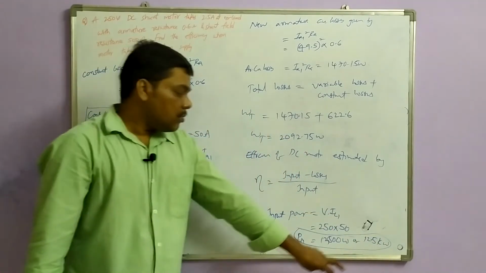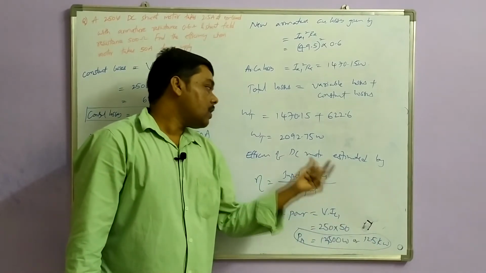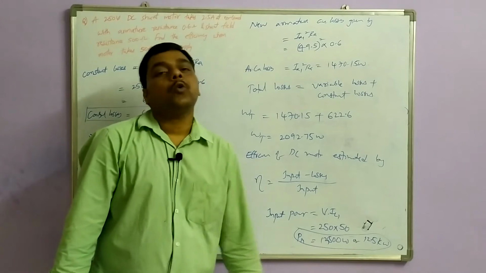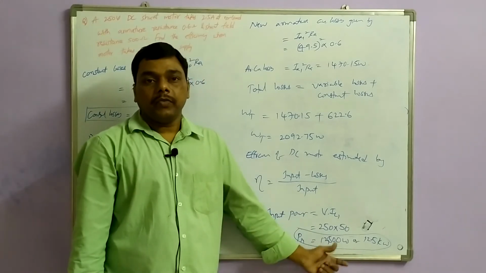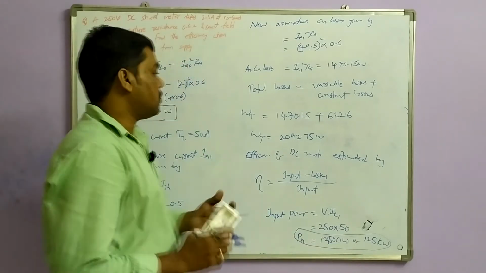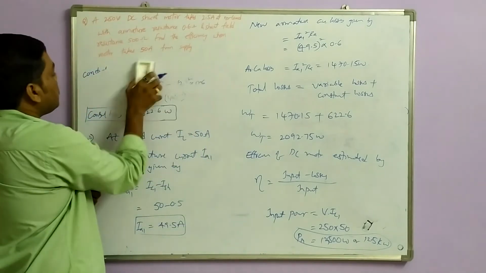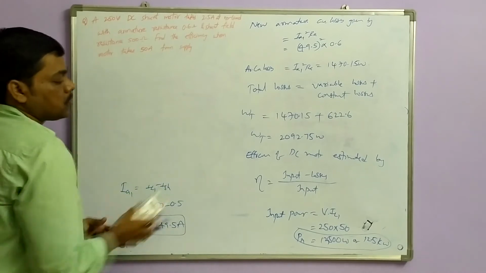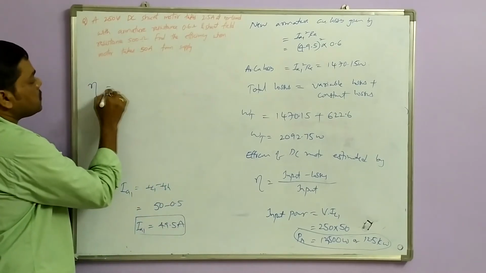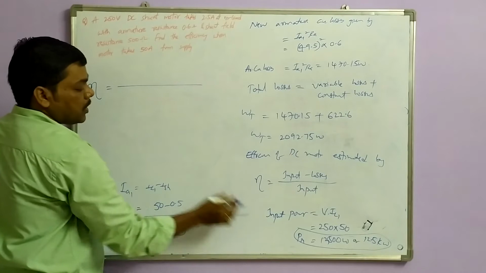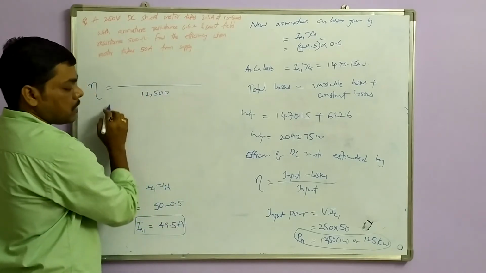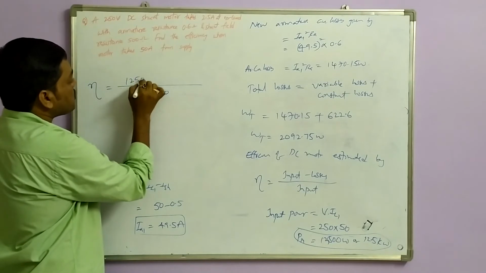Now from the 12.5 kilowatts you deduct the losses, so almost 2 kilowatts, and you will get the output power and the efficiency is calculated. Now let us see what the value of efficiency is. Okay, now efficiency is equal to input power, we know 12,500 watts. Now input minus losses.